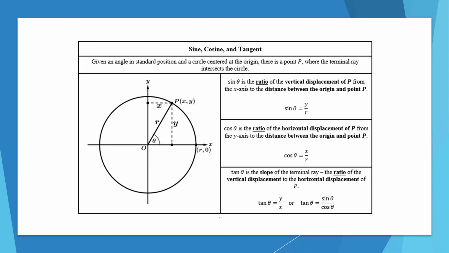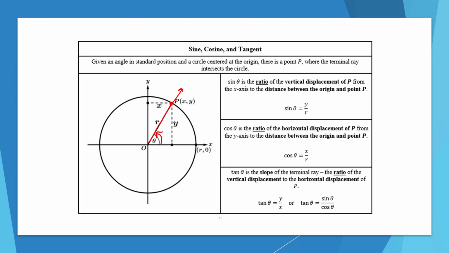All right, so now what is sine, cosine, and tangent in terms of more advanced definitions than just SOHCAHTOA? Let's say we have this angle in standard position and the circle that we just labeled, where the terminal ray right here intersects the circle at point P. What is sine, cosine, and tangent of this angle?